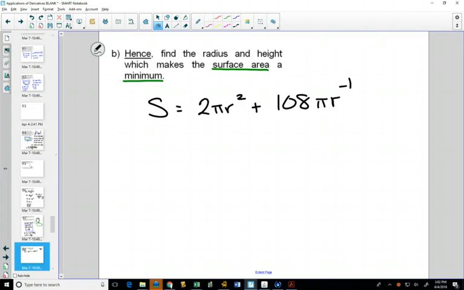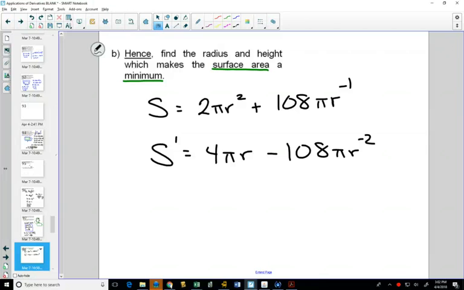Are you okay if I change that 1 over r to r to the -1 to make the derivative easier? And so now we take the derivative: 4 pi r minus 108 pi r to the -2. Set that equal to 0 and use our algebra skills to solve this.